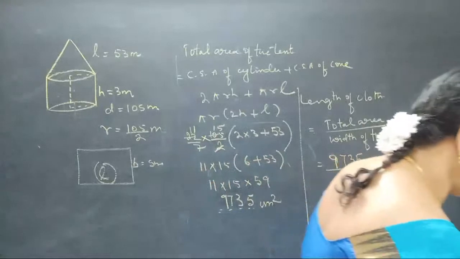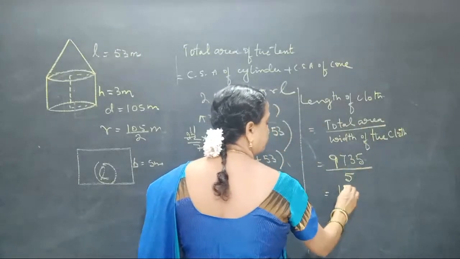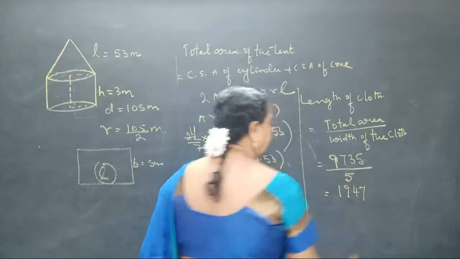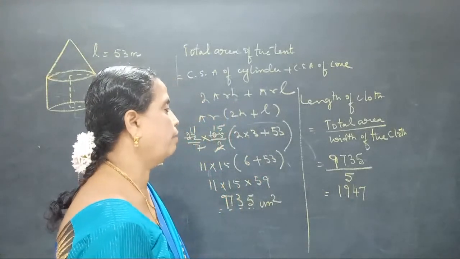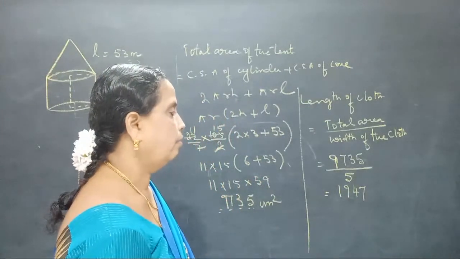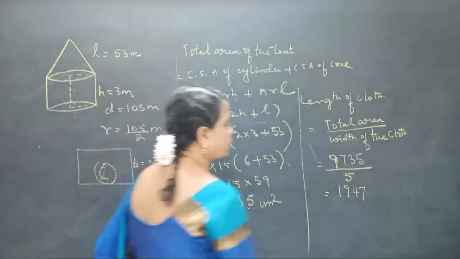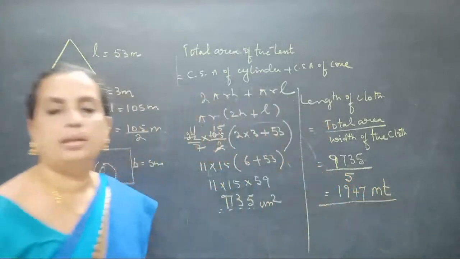5 meter cloth, it is correct. 5 ones are 5, 5 nines are 45, 5 fours are 20, 5 sevens are 35. 1947 meter. Here no area, that is meter.